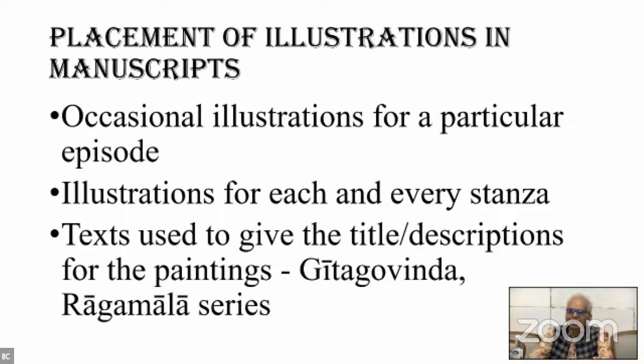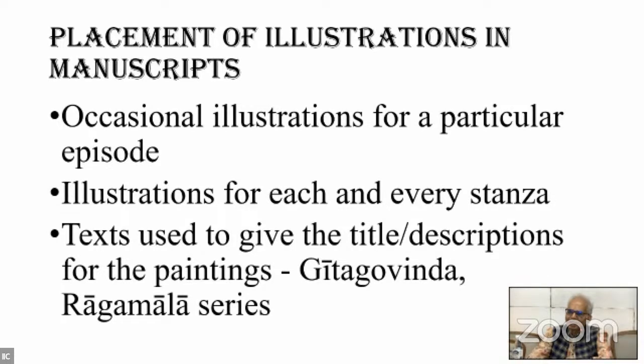Then the third is that the texts are used to give titles or descriptions for the paintings. You may not call them manuscripts, but in a way the texts are there. Some text is there and then the illustration is there.